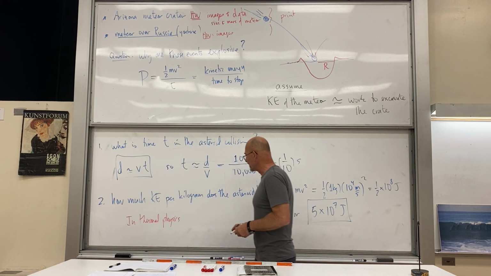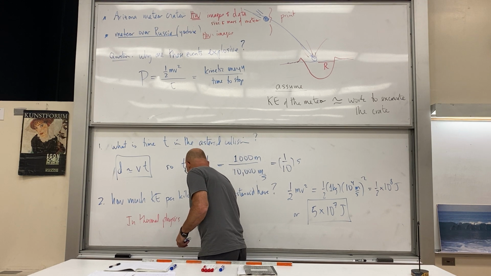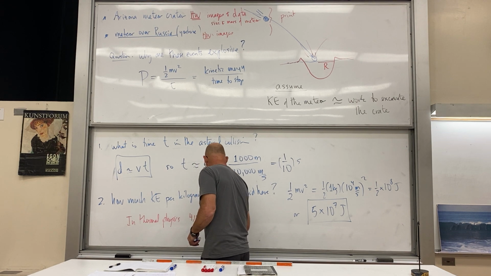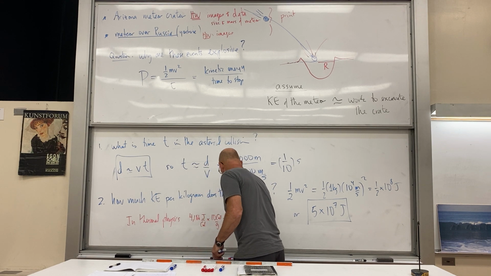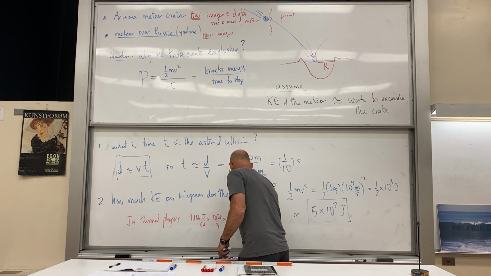So in thermal physics, we have 4,186 joules per kilocalorie times 10 calories per gram times 1,000 grams per kilogram.